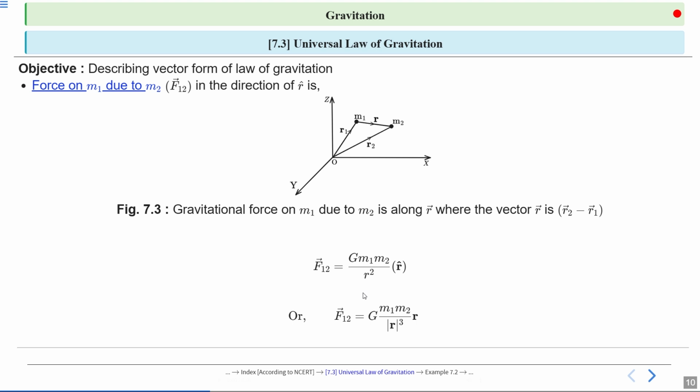The magnitude of r is cubed in the denominator, which ensures that the force's direction is accurately represented. This equation highlights how the force's direction is aligned with the vector r, providing a complete vector description of gravitational interaction.